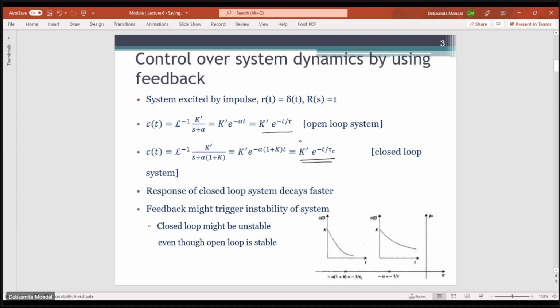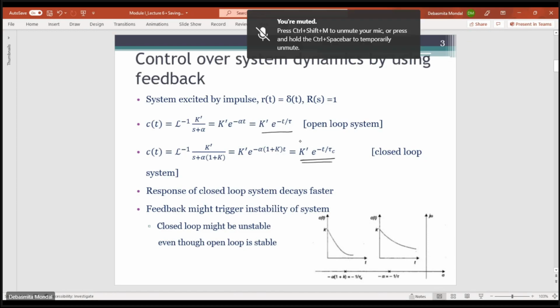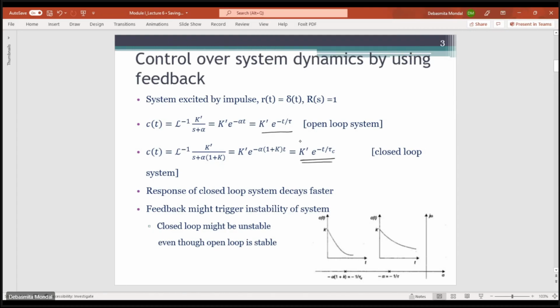Now if you plot the values of c(t) for both the open loop and the closed loop response, this is for the open loop case and this is for the closed loop case. The difference you can see visually is that the system decays at a much faster rate when you have a closed loop system, and at a slower rate when you have an open loop system.